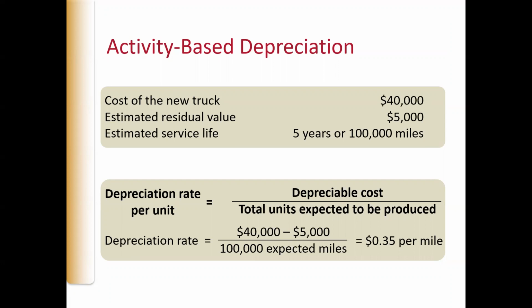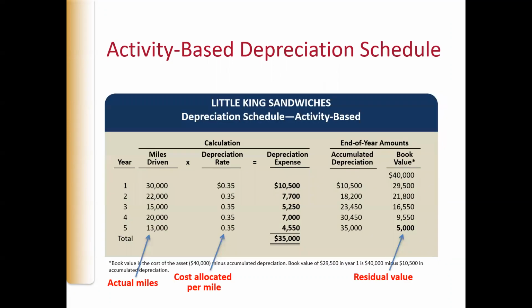So 35,000 divided by 100,000 expected miles is 35 cents per mile. So in year one, when it was driven 30,000 miles at 35 cents, we take depreciation of 10,500.